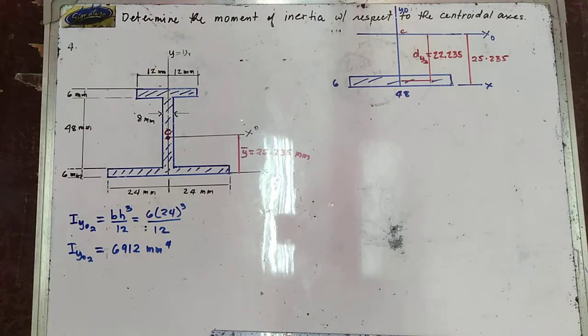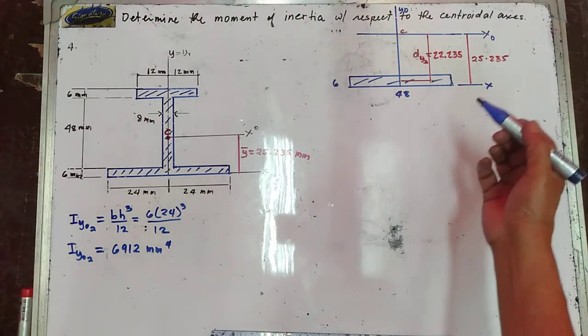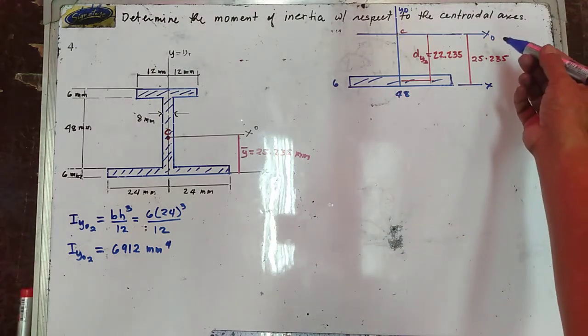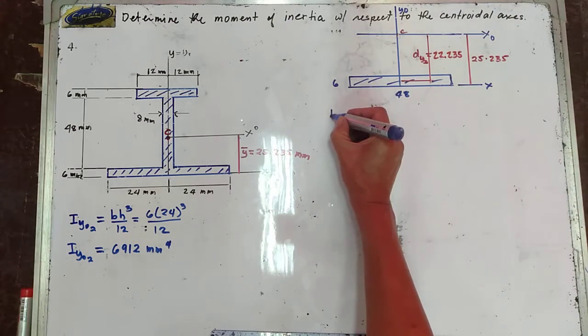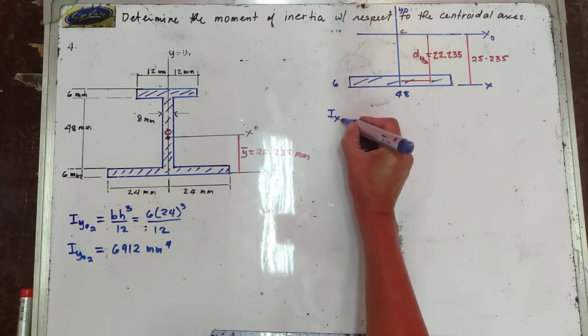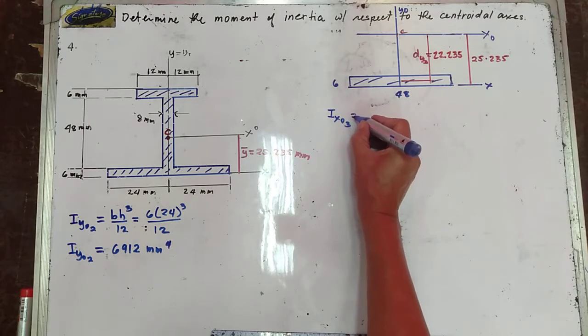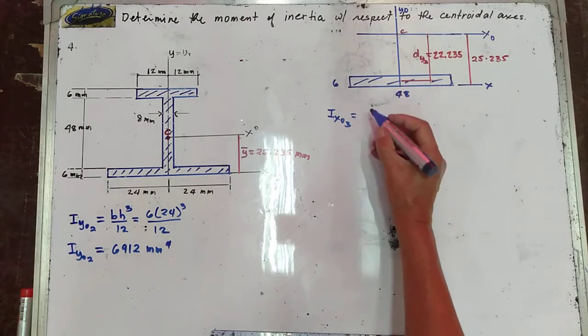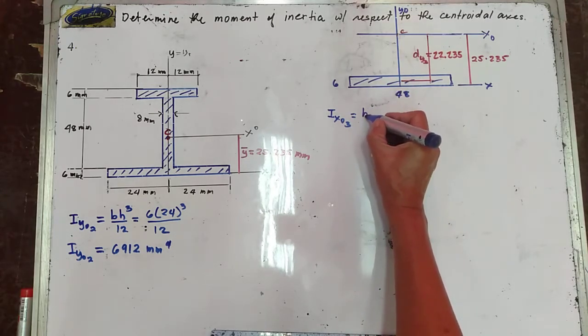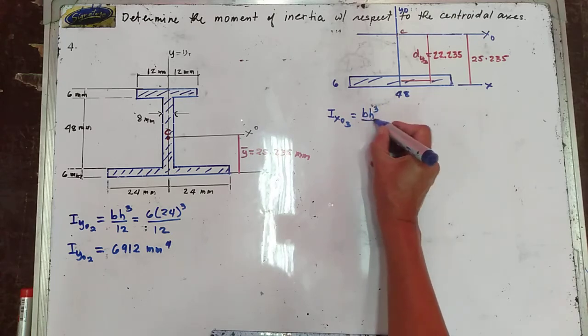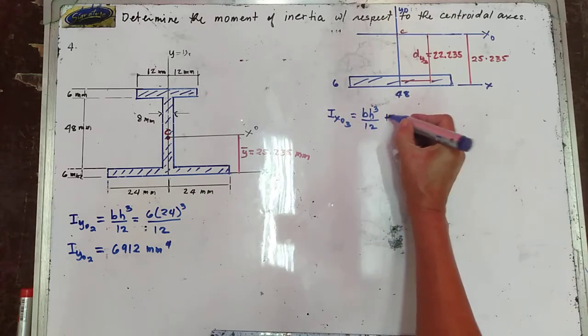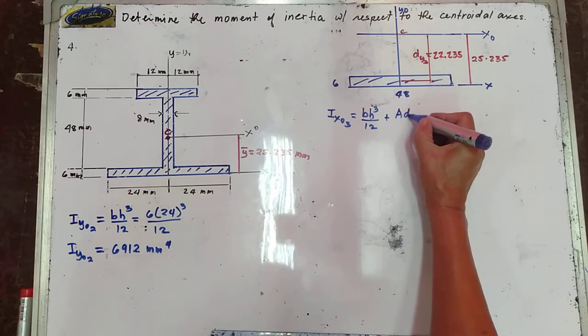So let us try to determine now the moment of inertia with respect to x of O. It is again the centroidal moment of inertia of that area, b h cubed all over 12 plus A dy3 square.